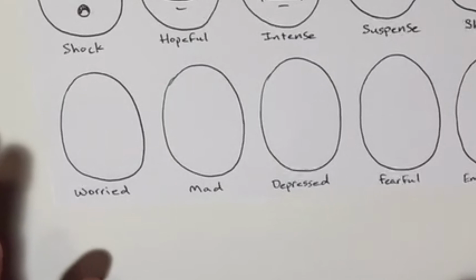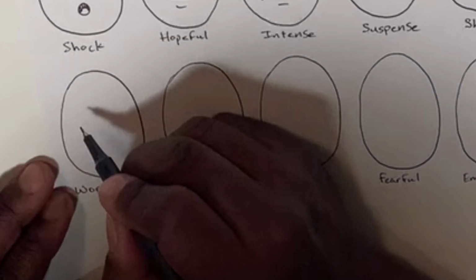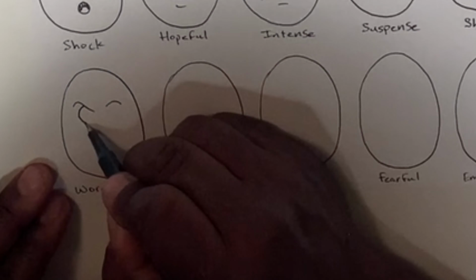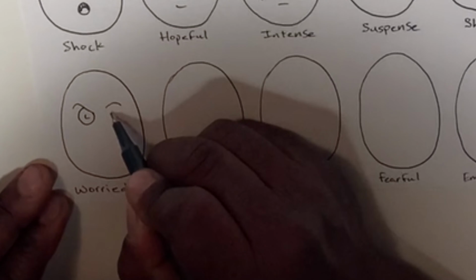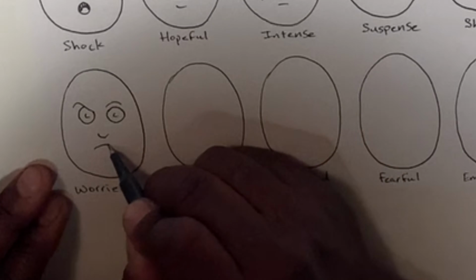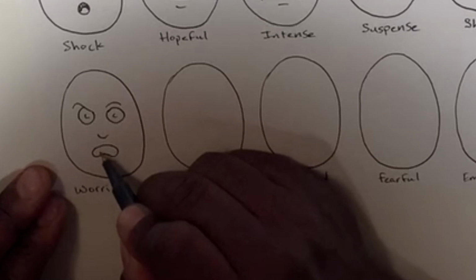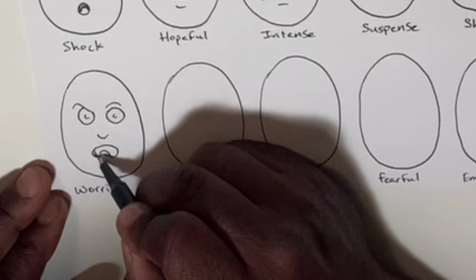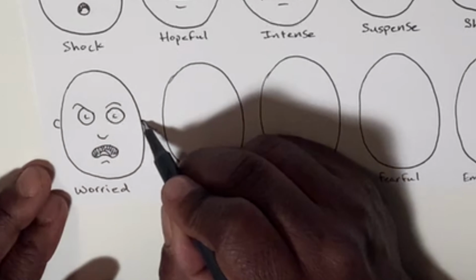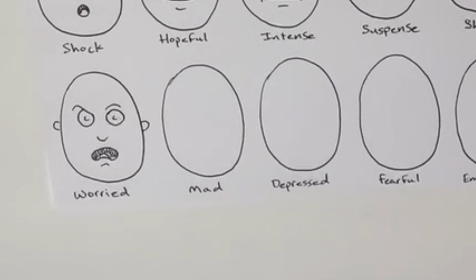Let's move on to worried. And worried would be similar to the eyes in frustrated because you're thinking of something. Something has you worried. All right? Just bring the eyebrow down. One up. Mouth a bit open. You are definitely concerned. What is coming through that door? All right, let's move on to mad now.